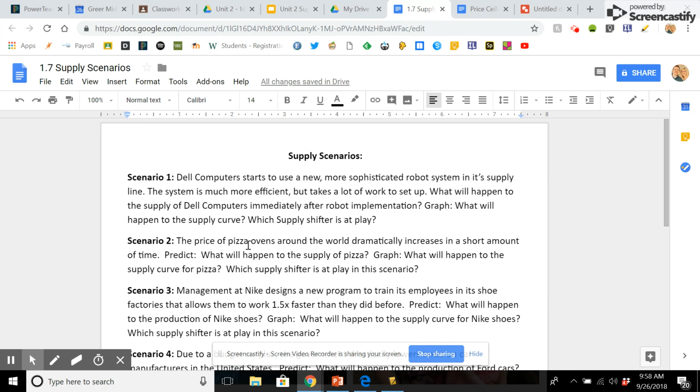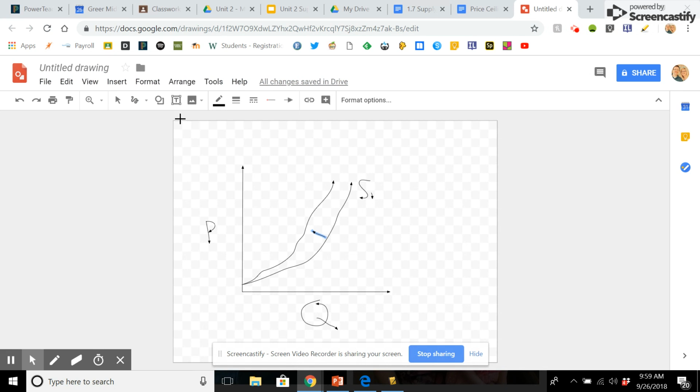So scenario 2, the price of pizza ovens goes up. So what is a pizza oven to someone who makes pizza? Well, a pizza oven is a resource I have to have in order to do it. So if the price of pizza ovens dramatically increases, so it all of a sudden goes up high, the supply of pizza will go down because you have a resource that is now more expensive.